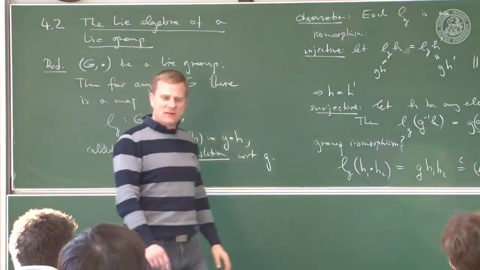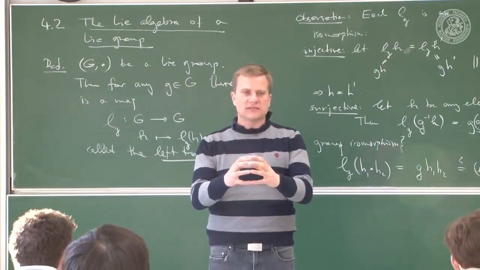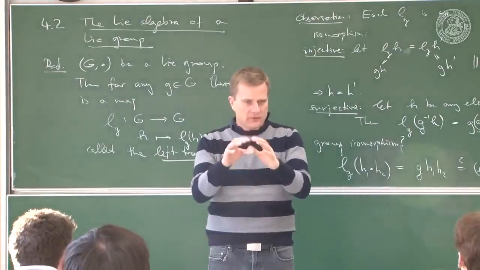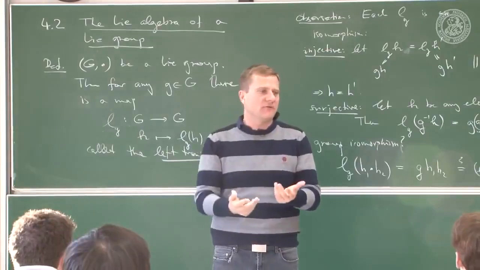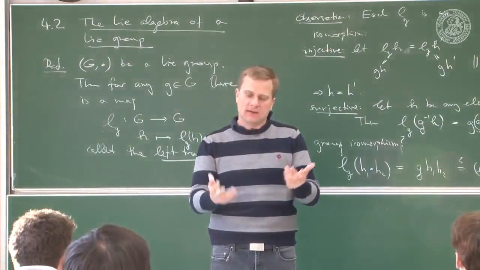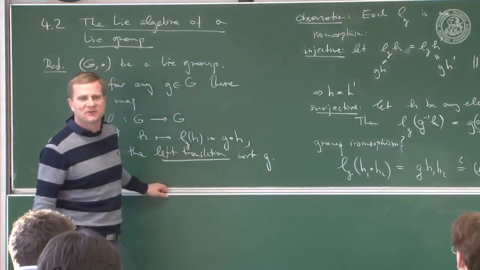Okay? So it's maybe a little abstract. What we're now going to consider next is we take our group, say the rotation group, which is a manifold in particular, and we'll consider vector fields on that manifold. You say, why on earth would you do that? Well, it will turn out that's the key to considering Lie algebras.